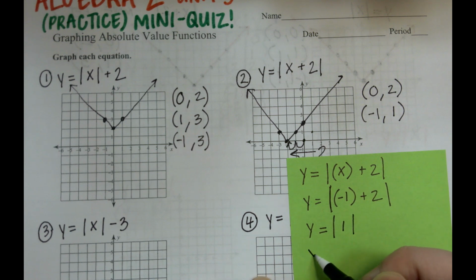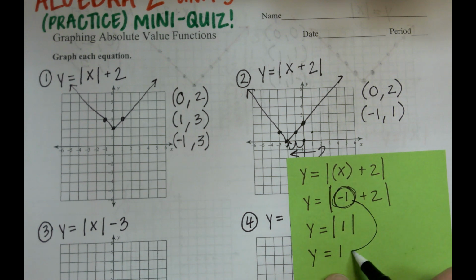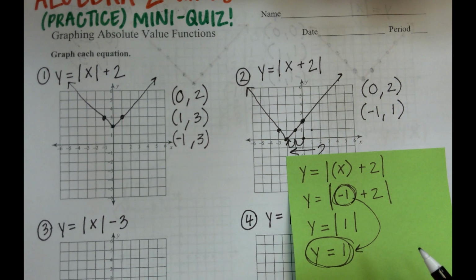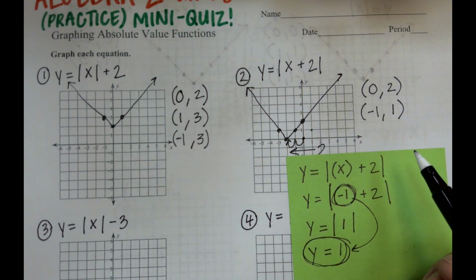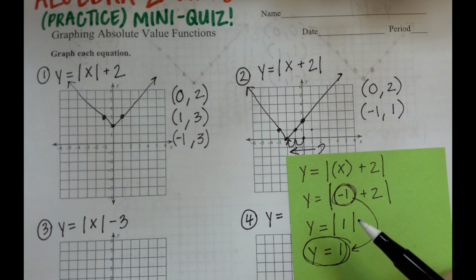And then the absolute value of 1 is 1. Absolute value bars function like parentheses in those operations. You do what's inside them first, and you worry about the bars at the very end. So you keep that -1 inside until the very end. Never change it to a positive before then. Does that make sense?